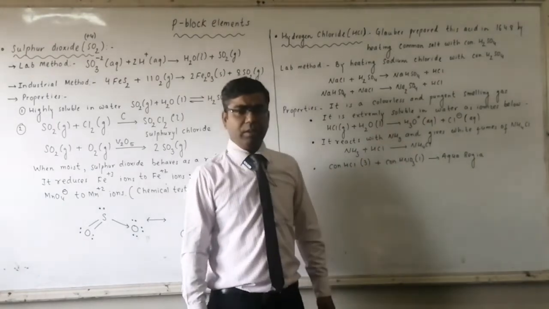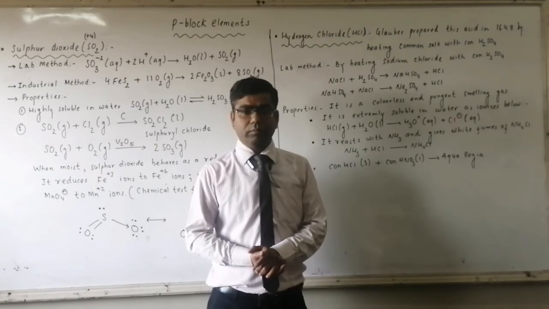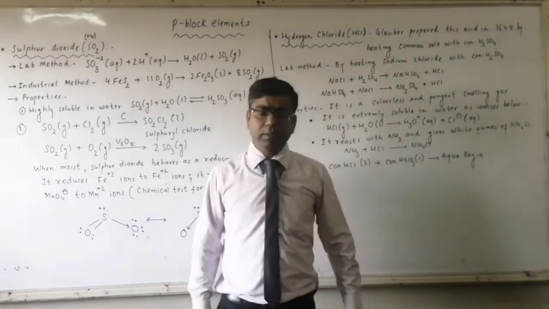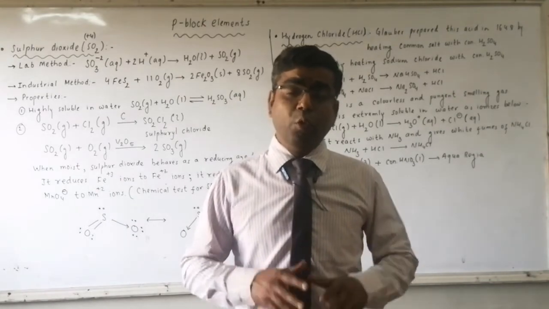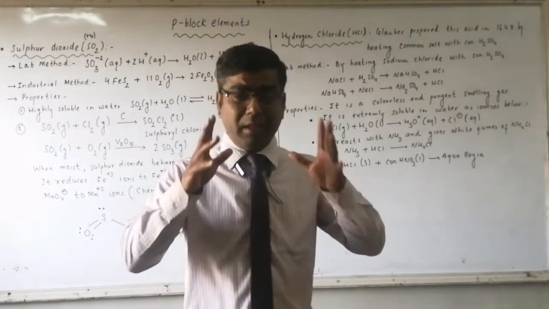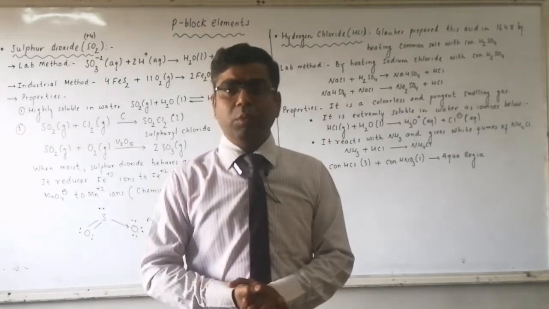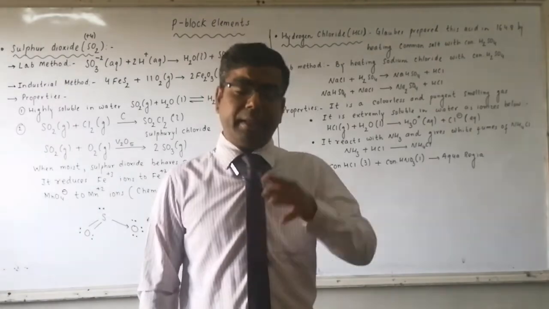concentrated HNO3, this is called aqua regia. This mixture is very important because it can dissolve noble metals like gold, silver and platinum. No other acid can dissolve gold, silver and platinum.